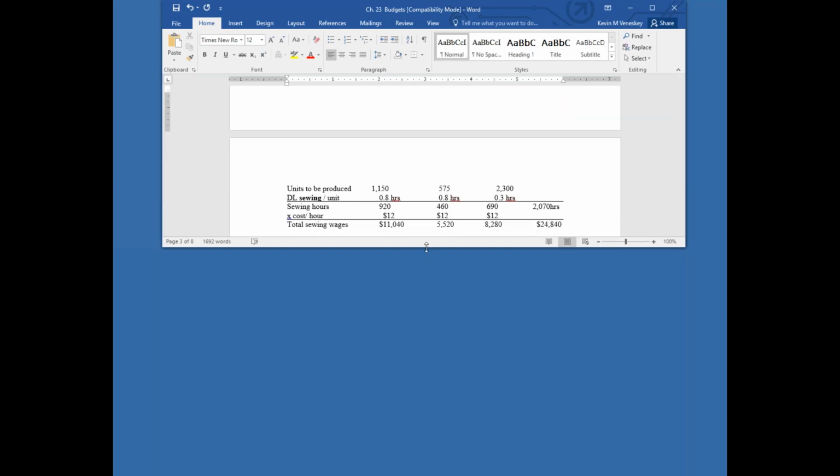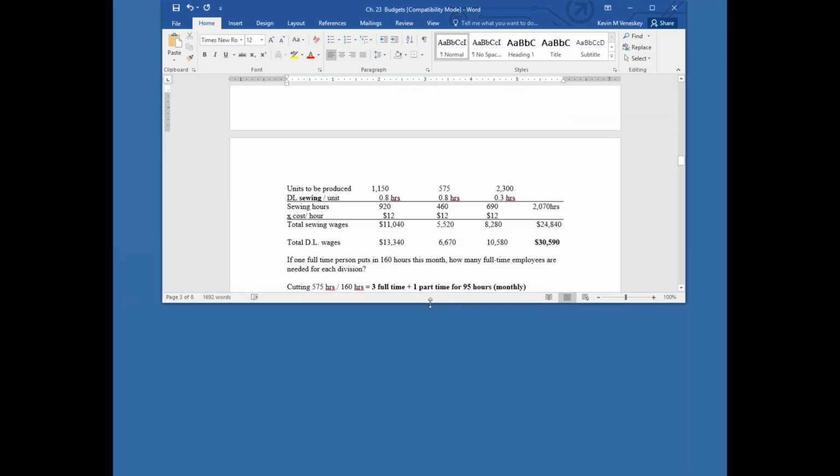I think the easiest way to do this is, first off, the simple division: 575 hours over 160 hours per person. You get 3 and then a decimal, say 3.56. You can't have 5/6 of a person, so we're going to need a part-time person. So what I would do is take the 3, cut off the decimal.